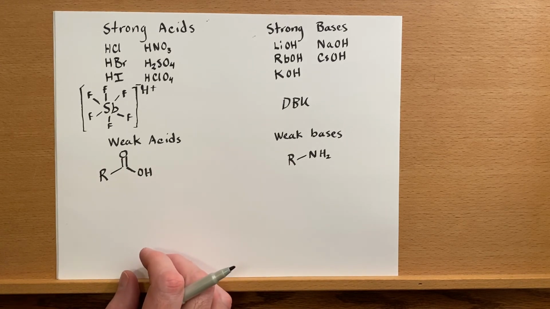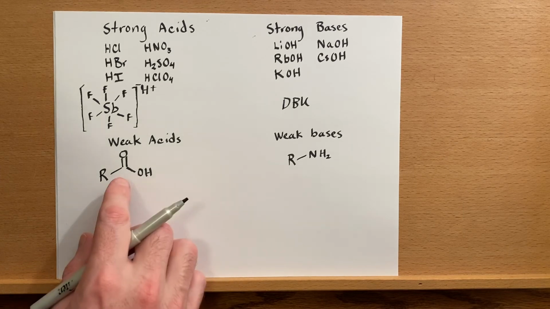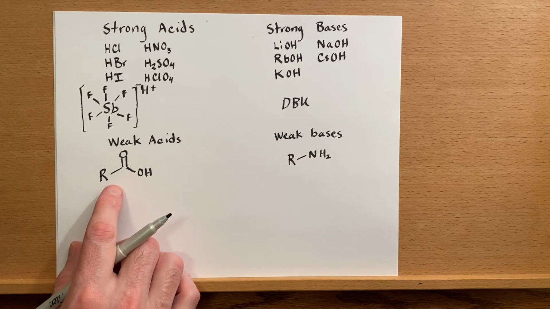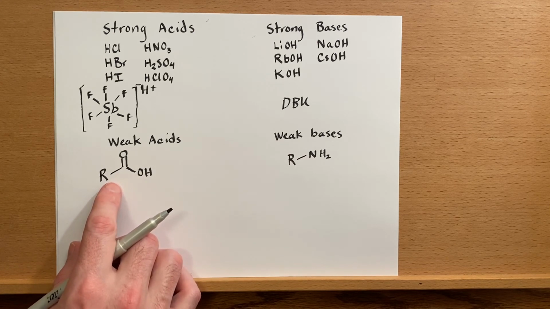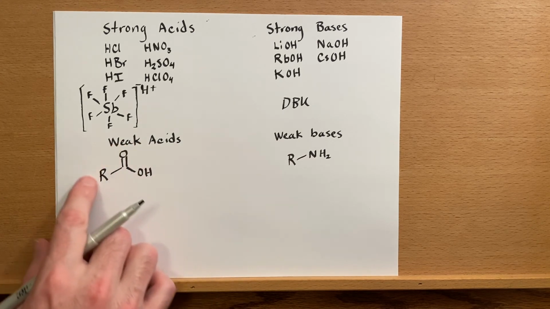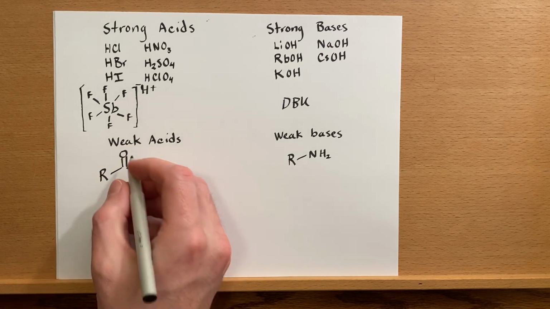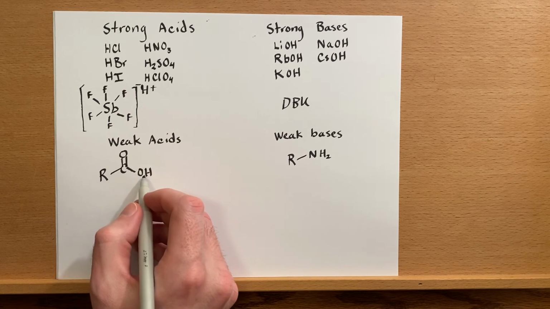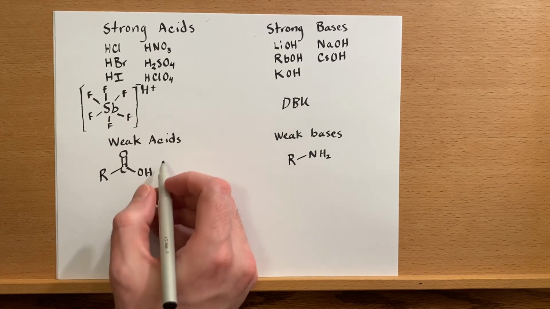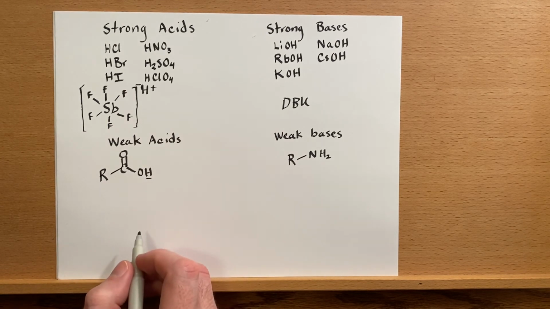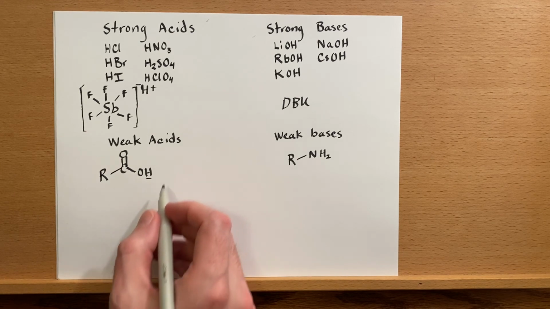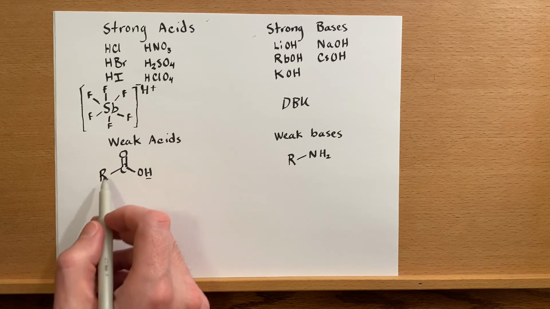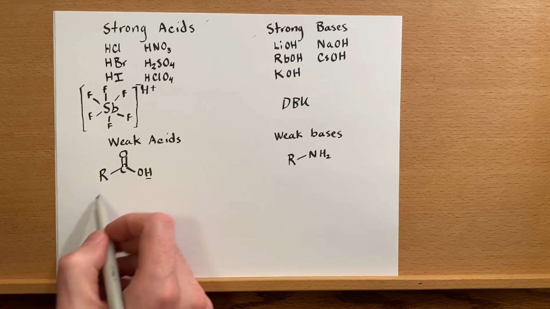Now let's also look at some typical weak acids and weak bases. One of the common structures for weak acid is a carboxylic acid, which has this carbon double bonded to oxygen and then another bond to an OH here. And it's this proton right here that is acidic. This one can come off. Now this R group over here is just whatever we want it to be.